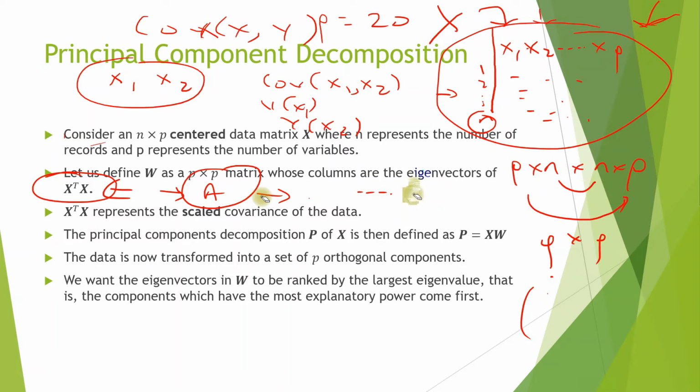And when you have the eigenvectors for each eigenvalue, you will have a matrix of different columns which represent the eigenvectors. All right. But there is something I forgot to tell you before we move on, which is that your data should be centered. That's very important.